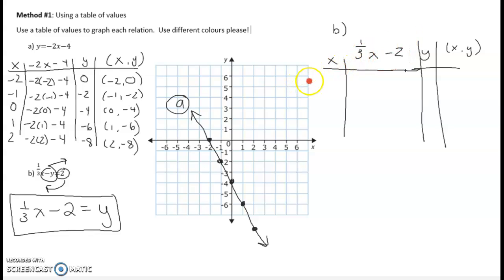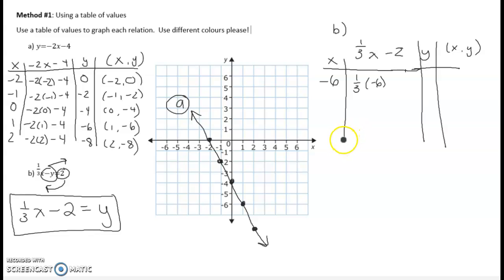So I was just trying to save some time, so I put the same chart here for you. We're going to use different numbers this time. I'm going to give you negative 6 as our first one. So it's going to be 1/3 times -6. We're doing these numbers because it makes it easier when you have a dividing by 3 number, because 6 divides by 3.